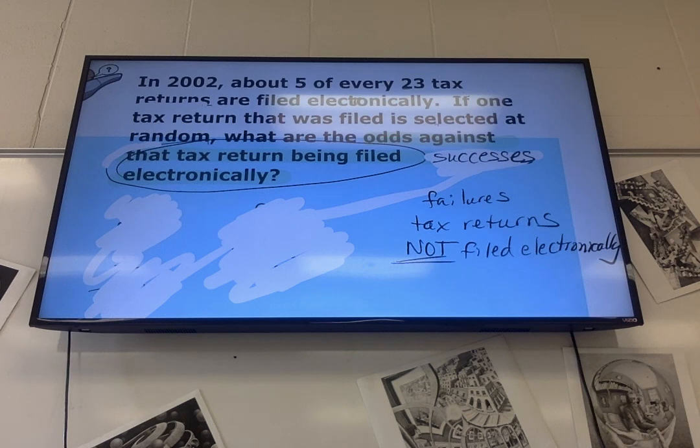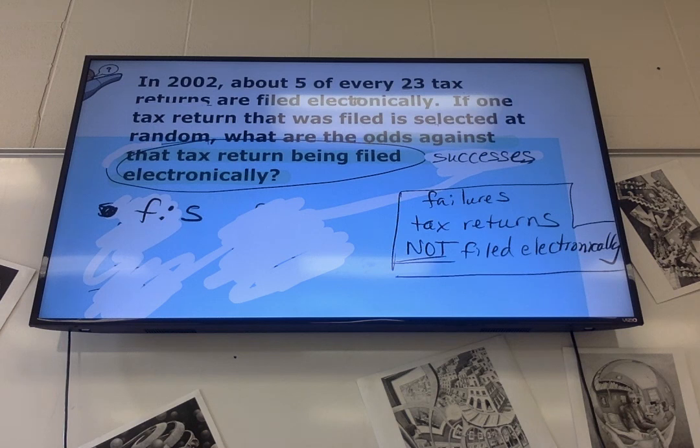All right. So we are doing odds against. So odds against are the number of failures to successes. So that's how many tax returns are not filed electronically. A lot of people would say 23. Why is it not 23? Because it's all the tax returns. That's right.